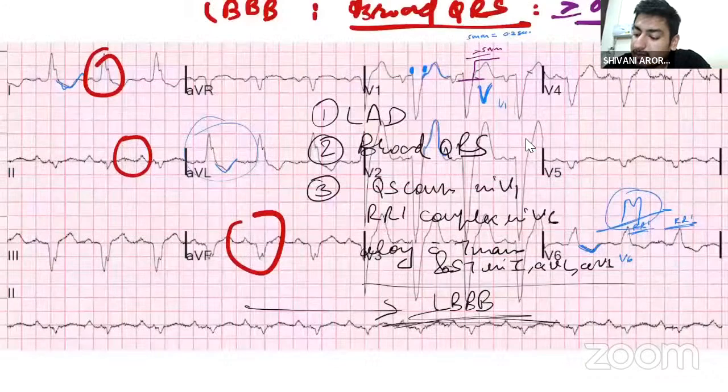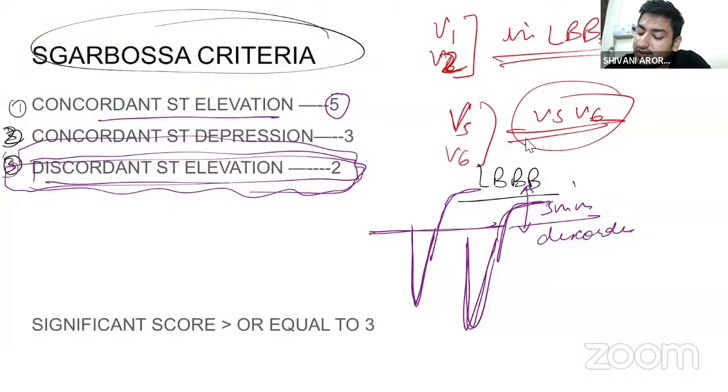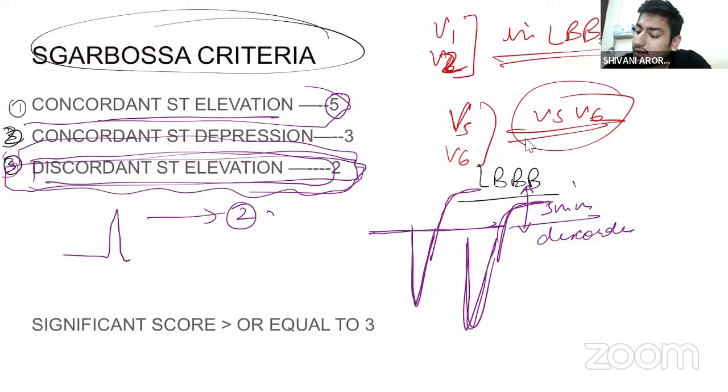Then we have another point, concordant ST elevation. That is, if QRS is in upward direction and ST elevation is also in upward direction, and concordant ST elevation of 1 mm or more is there, then we call it significant concordant ST elevation and we give it a score of 5.